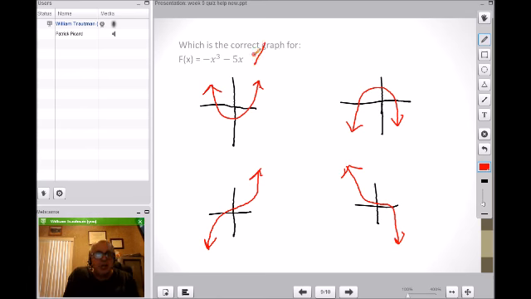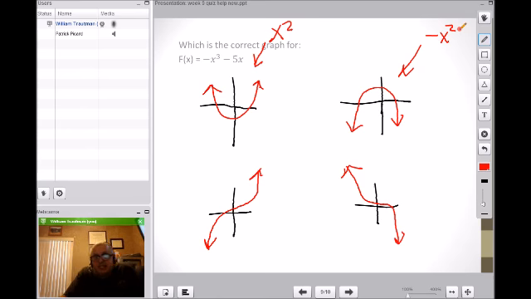This one, a graph that looks like a U, is a basic x squared graph. If you have a graph with the highest power x squared, and you could have anything else, x squared plus 2x minus 7, it's going to look like a U-shaped graph. Now, if the U is upside down, then it's a negative x squared graph, an x squared with a negative in front of it.